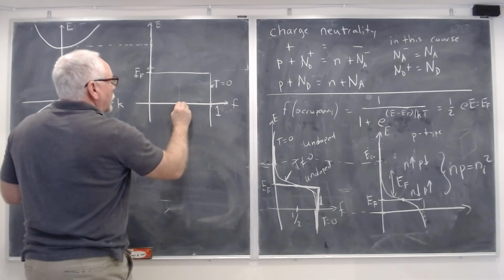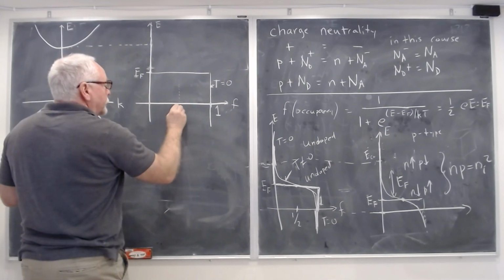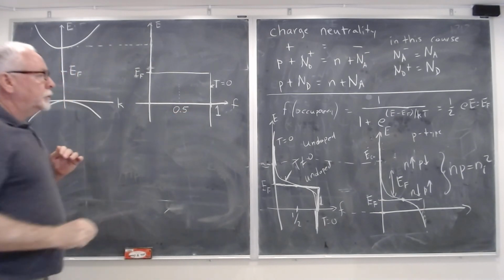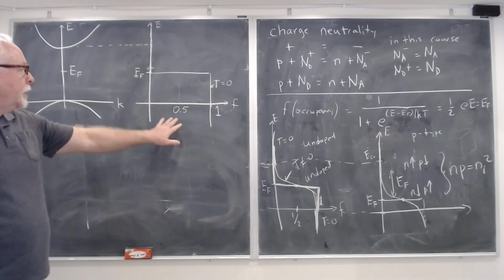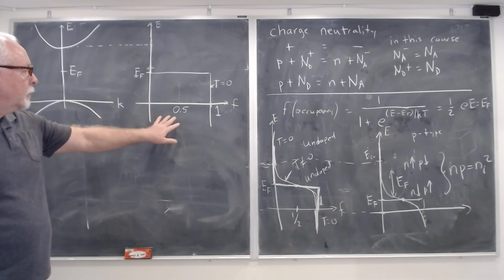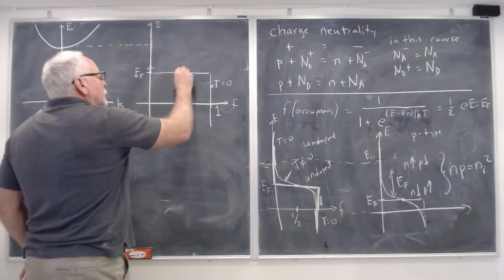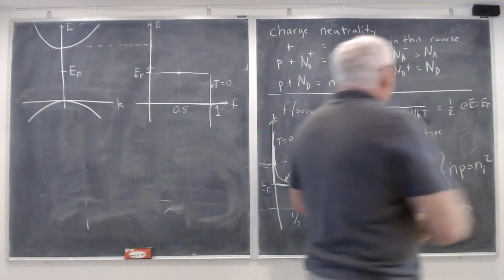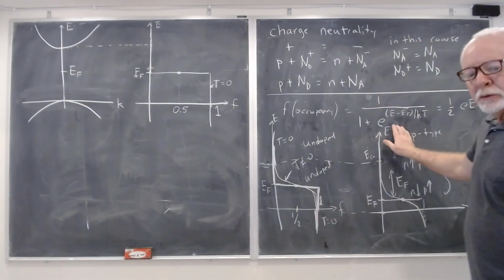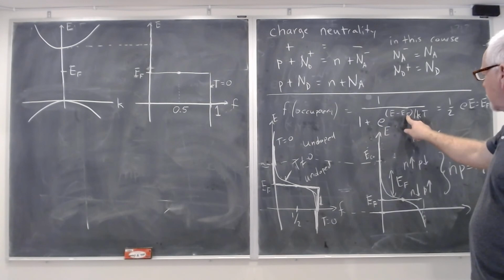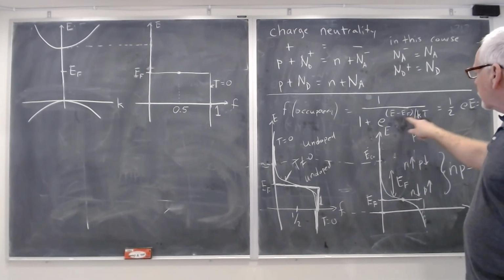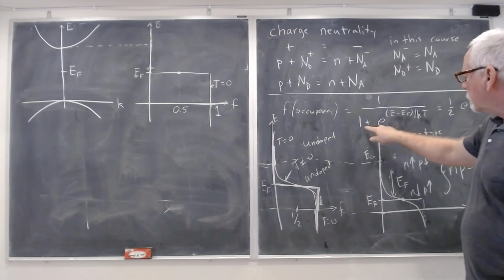Now, what we went through is that at E equals EF, it's always 1/2, no matter what you do, no matter how you change the temperature. Looking over here, if E equals EF, no matter what the temperature is, that's 0. And so e to the 0 is 1. 1 over 1 plus 1 is 1/2.